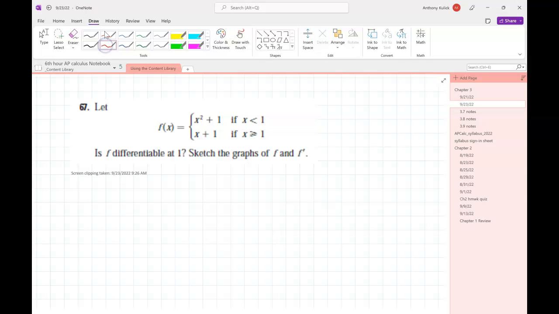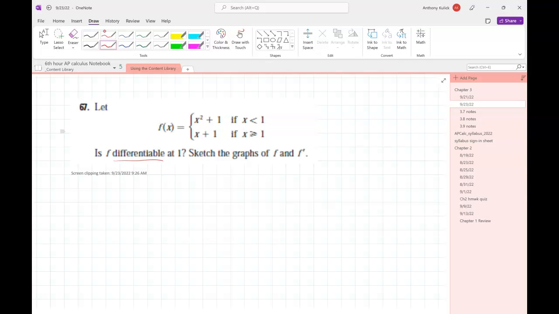Okay. So what's going to be the easiest way to do this? So I guess let's first check, for differentiable, the first thing I would do is check that I have continuity, right?